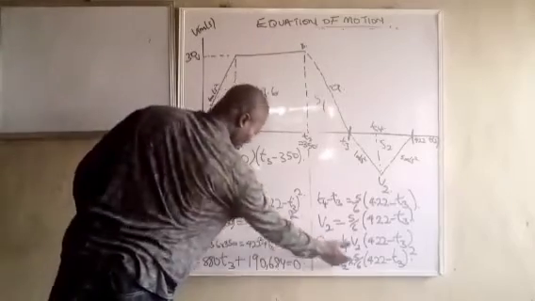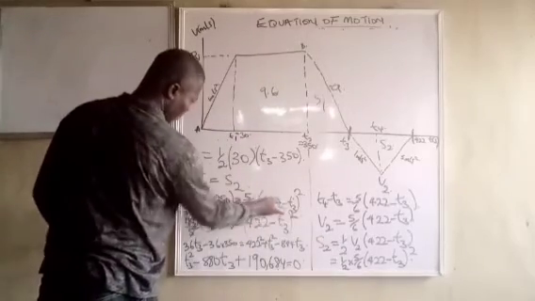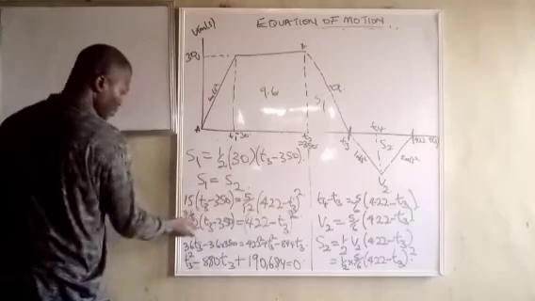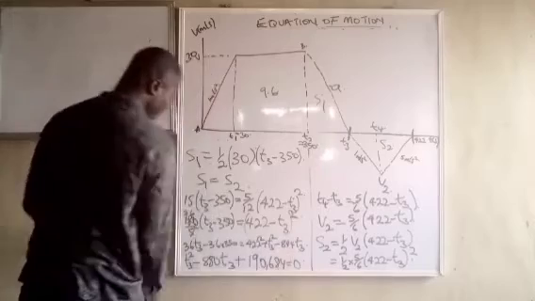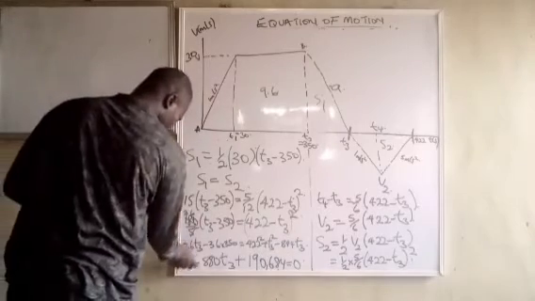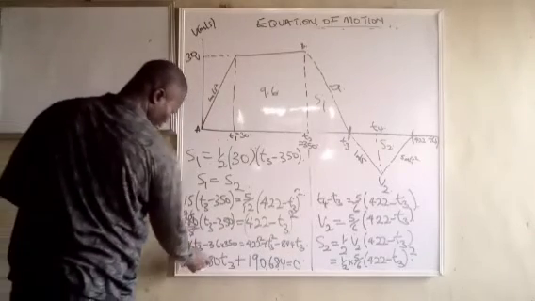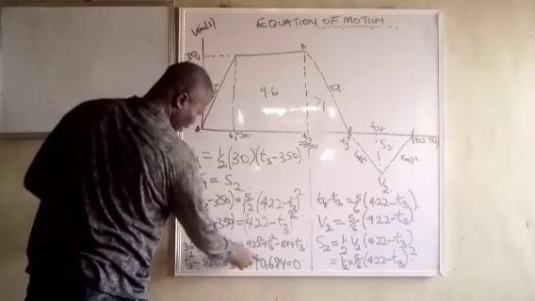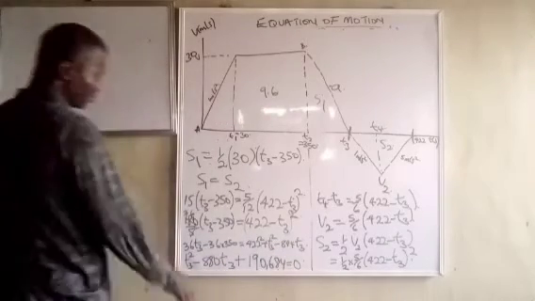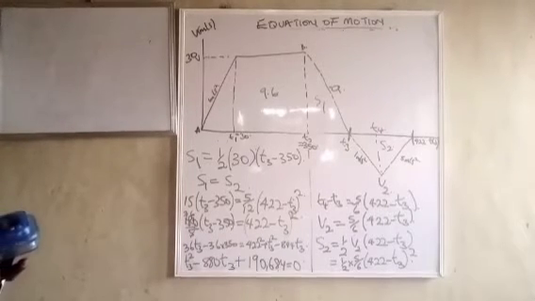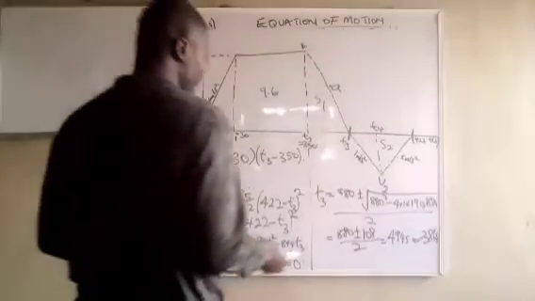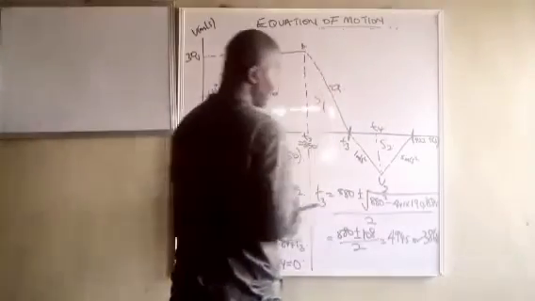This is S2, I brought it here, S1, 15. On analysis, it gave me this: T3 squared minus 880 T3 plus 19684 equals 0. And from there, I apply the quadratic formula. So the answer is 494 seconds or 386 seconds.